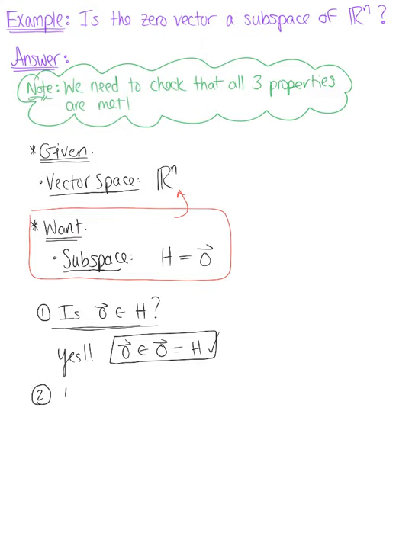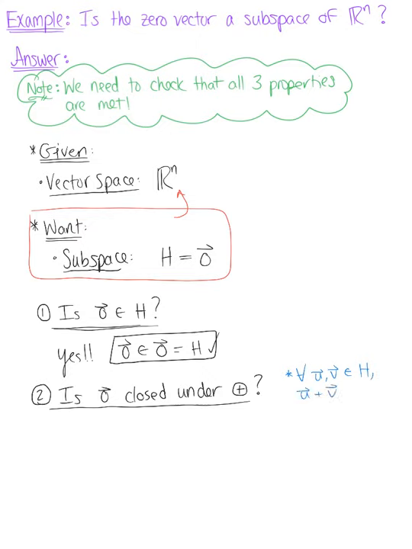Case number 2: is the zero vector closed under addition? Let's think about this. We want to show that for all vectors u and v in this subspace, the vector u plus vector v is also in the subspace.